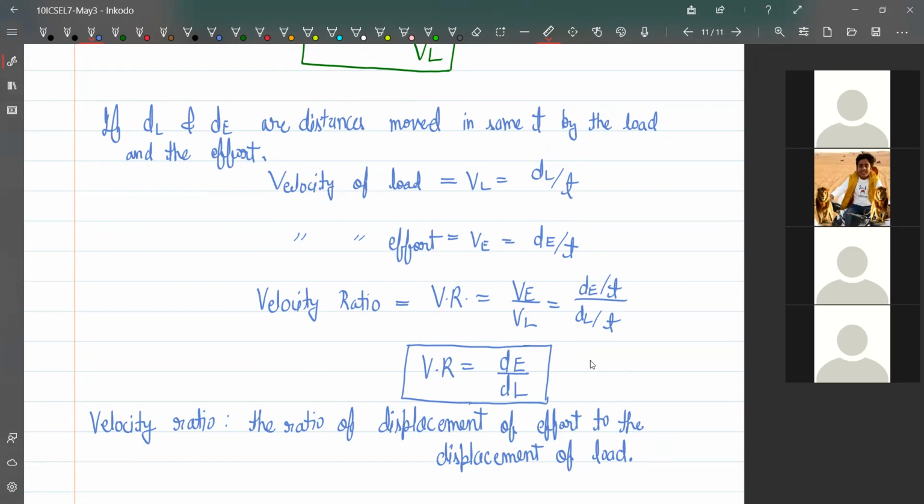Again, it is a ratio, so it has no unit. It is a unitless quantity. Note this down. Sir, done.